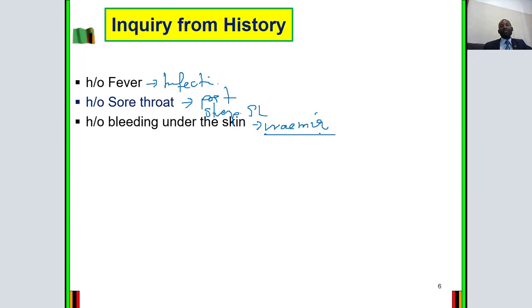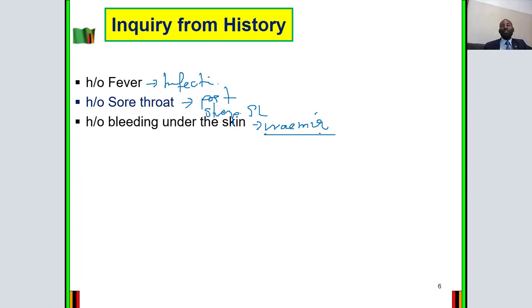Then the other thing also, this bleeding also may lead to anemia. It's also one of the reasons why this person may be weak, because it's losing what? Blood. You know that kidneys are also responsible for production of erythropoietin. And you know the relationship of erythropoietin and production of red blood cells and increasing the hemoglobin concentration.